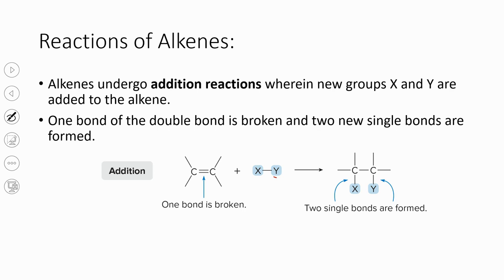So if you take organic chemistry, you do a lot of this kind of thing where you're like, oh, I have this molecule, I'm going to add something, and then you have to predict what the product is. That's a lot of what organic chemistry is.